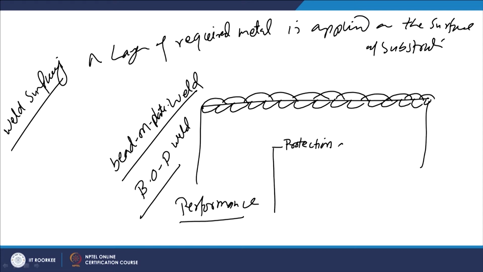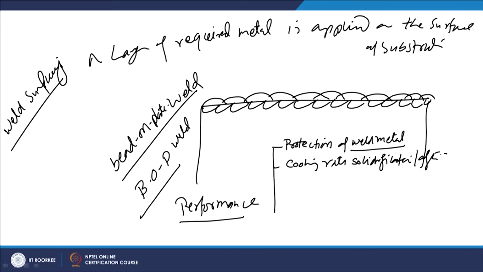So, the protection of the weld metal when the bead-on-plate weld is being applied. The second aspect is the cooling rate it experiences during solidification. So, the cooling rate experienced by the bead-on-plate weld during or after solidification, both have an effect on the properties of the layer being applied by weld surfacing.